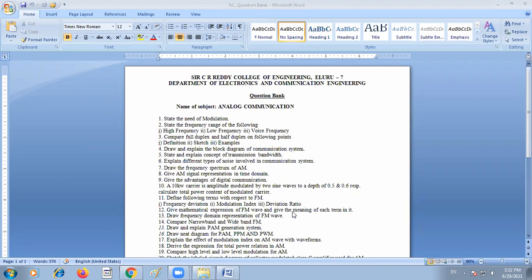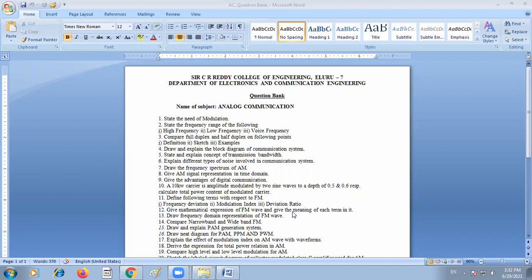Okay, what is the mathematical expression of FM is V of t is equal to AC cos omega Ct plus beta sin omega m of t. Where the beta is modulation index. Okay, so see that one.